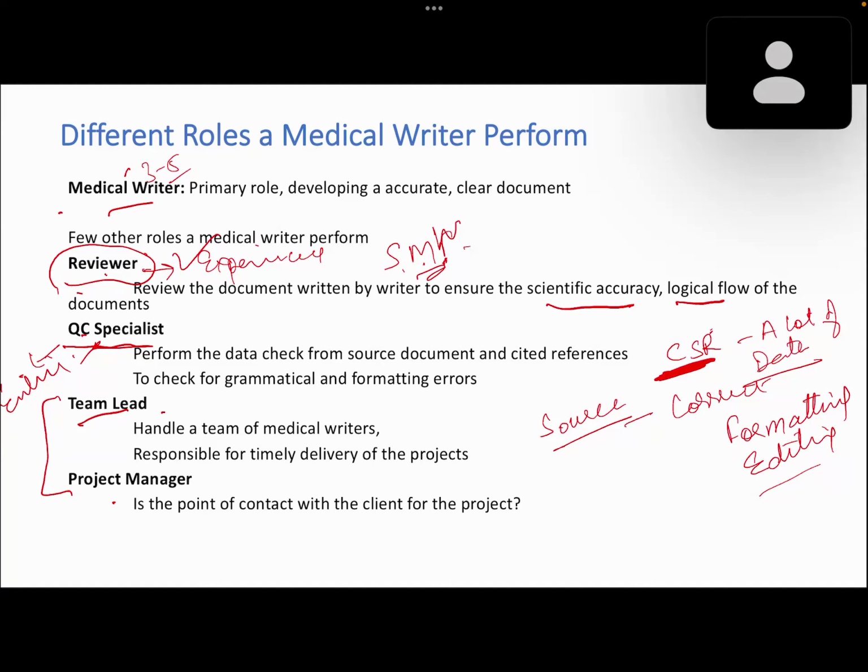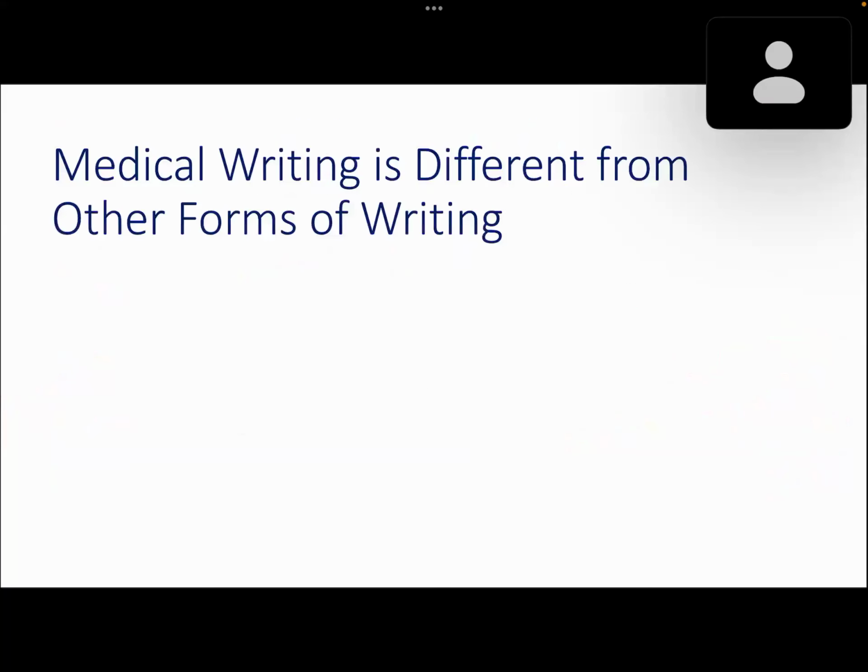Another thing is, once you have the experience, you can also work as a freelancer. Correct? I know many medical writers who are working as freelancers. Medical writing is also a field where work from home opportunities are good.